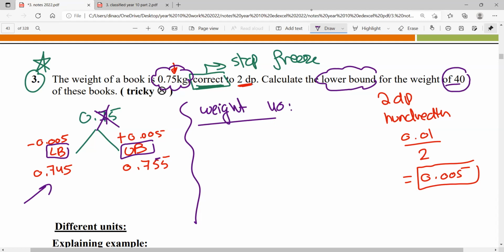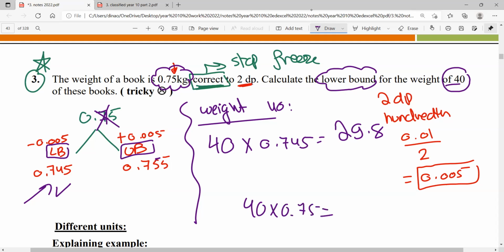To find the weight of 40 books, you take the number of books and multiply by the lower bound. يبقى أنا بجيب الباوندز الأول وبعد كده بستعملها في الحل، مش أعمل الويت الأول. طبعا أنا هيطلع لي 29.8. الولاد هنا بيعملوا إيه؟ يعملوا الأول 40 times 0.75 وبعد كده يعملوا اللور باوند الإجابة. لا، you find the bounds first, you ignore the original, then you use the bounds in the rest of the question. طلع الباوندز، فاكس اوريجينال، استعمل بقى واحده من دول في بقيه السؤال على حسب ما هو عايز.